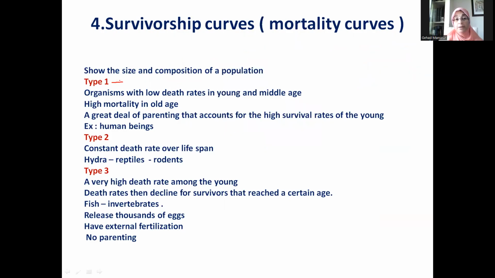In type 1, you have organisms with low death rates in young age and in middle age, and then they have a high mortality rate in old age. Why do we have a low death rate in young and middle age? Because we have a great deal of parenting that accounts for this high survival rate, and the best example is human beings.